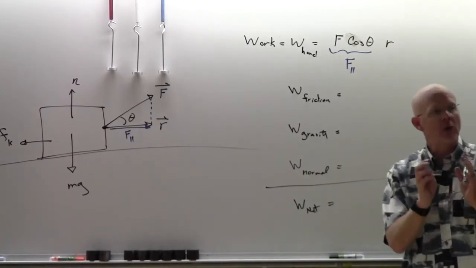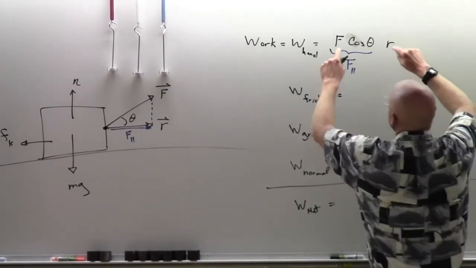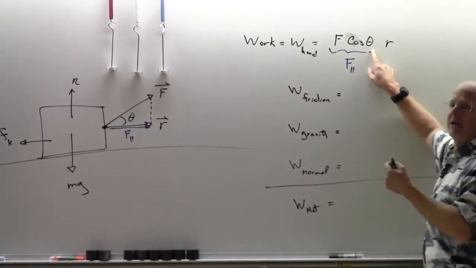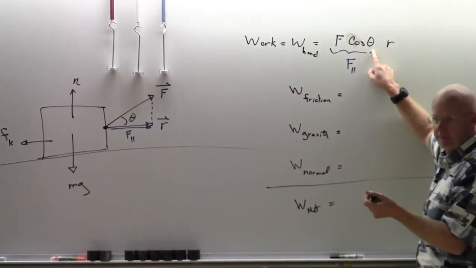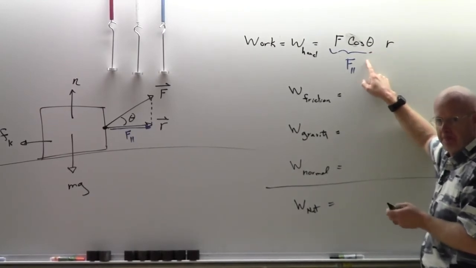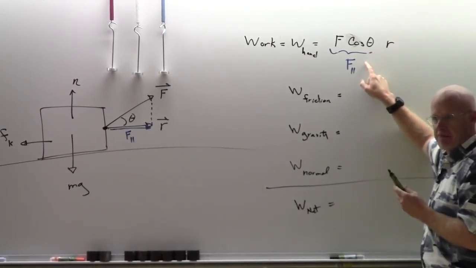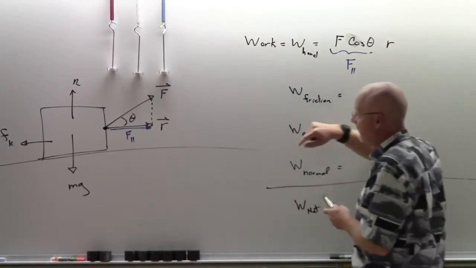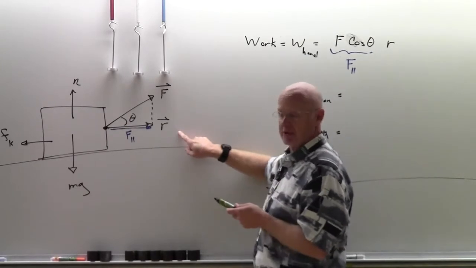Because regardless of which way I call positive and negative, these are the same signs, but that one perhaps is not. When would this number ever become negative? If the force is not in the direction of the actual displacement. Well, I'd say the force is not in the direction of the displacement.